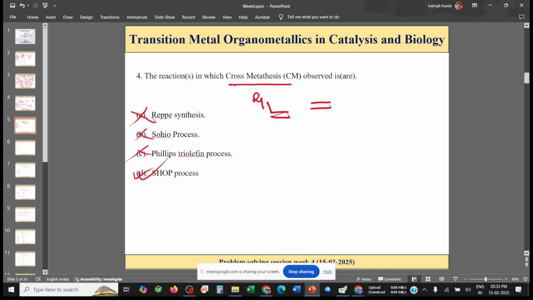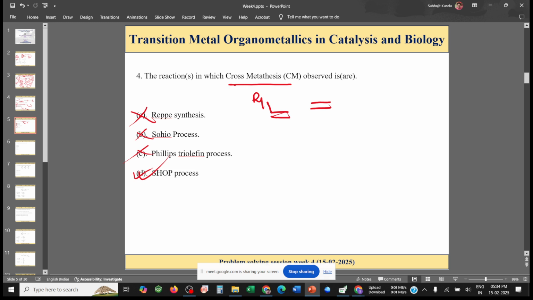But in a larger aspect, if you modify the process a little bit, using some sequential process, we will discuss it later. We will discuss in the last lecture of this week how to modify and control the cross metathesis reaction using the SHOP process.